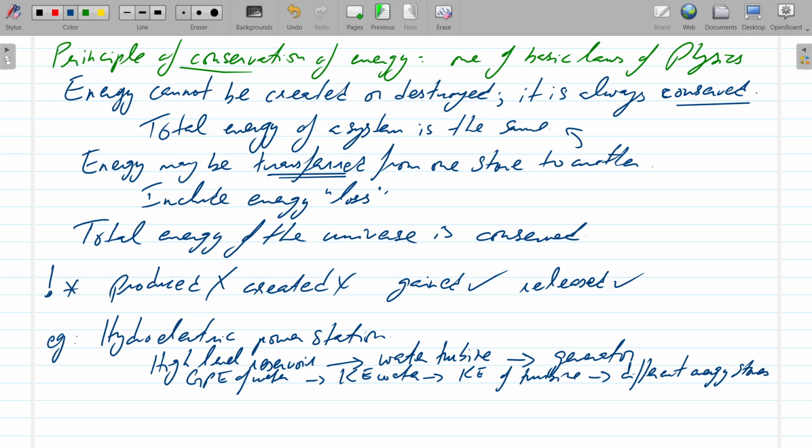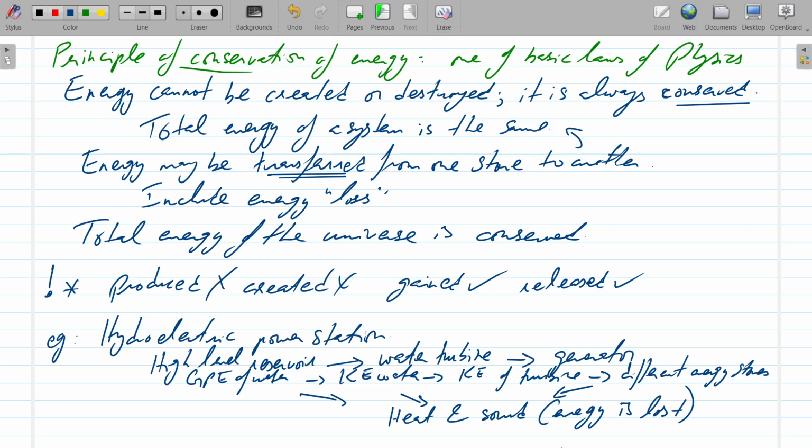Now what's happening at each step is that you've got heating and sound, and that is being lost at each step. And so taking that into consideration, and all the energy transfers, the total energy is conserved.